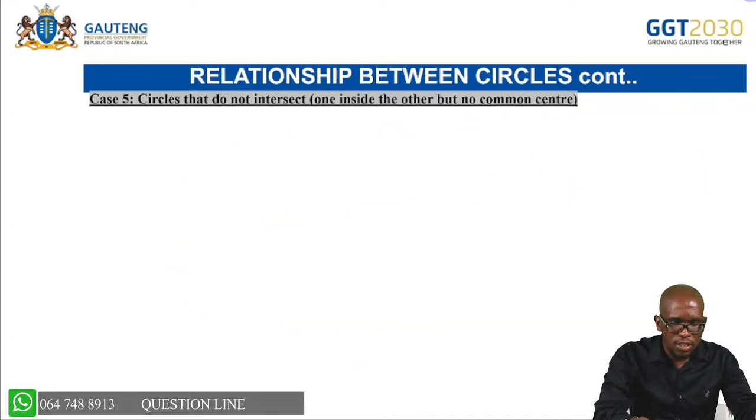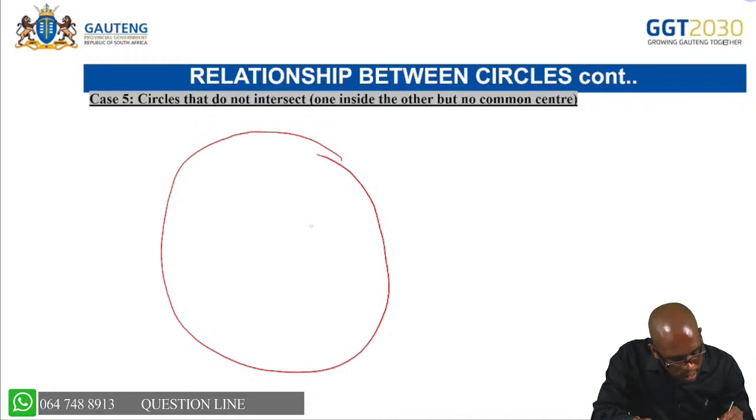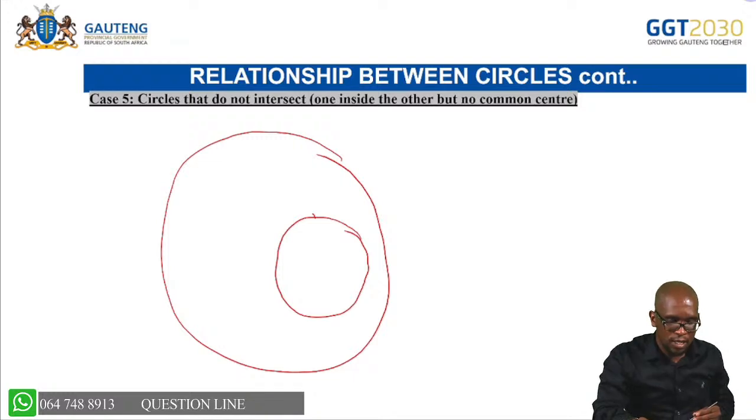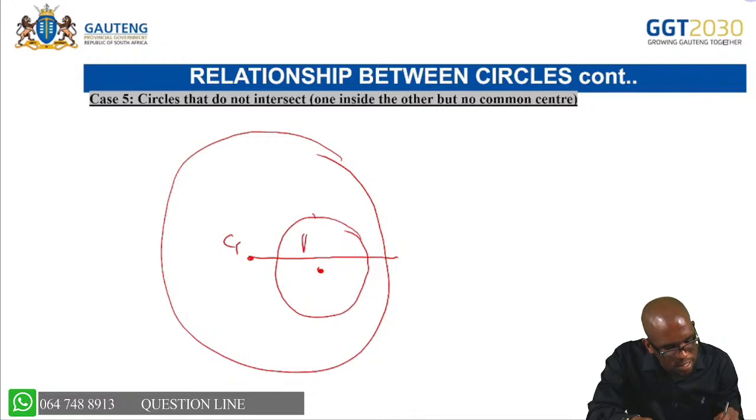Circles that do not intersect, one inside the other but no common center. If we have this bigger circle here and the smaller circle is inside the bigger circle but does not touch it, we work out the center C1 and the length of the radius R for the bigger circle, and we can do the same for the smaller circle as well.